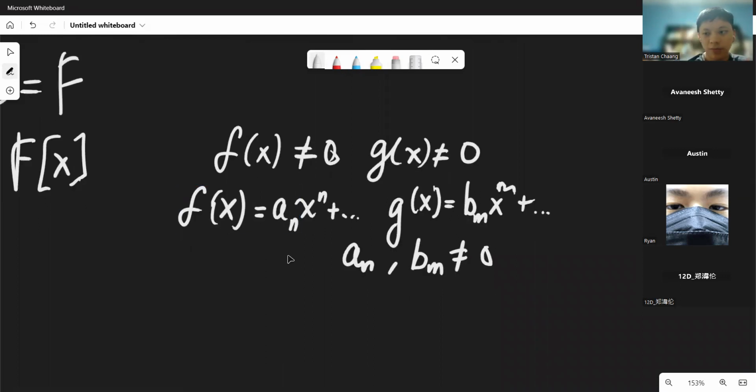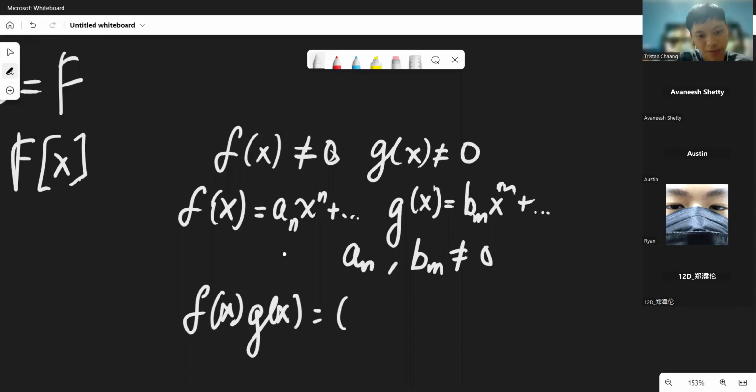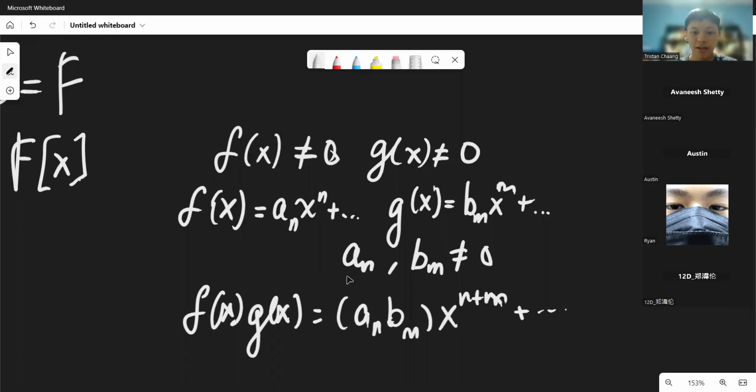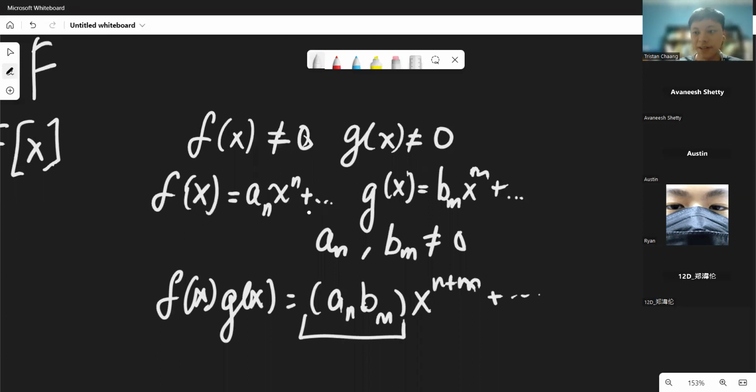So now, if we multiply 2 polynomials in the usual way, of course, I define multiplication in the usual way, f(x)g(x), the leading coefficient is obviously a_n b_m x to the n plus m, and then plus lower degree terms. Now, is this ever 0? No, because a_n and b_m are elements of the field. They are non-zero, and since a field has no zero factors, this is non-zero as well.